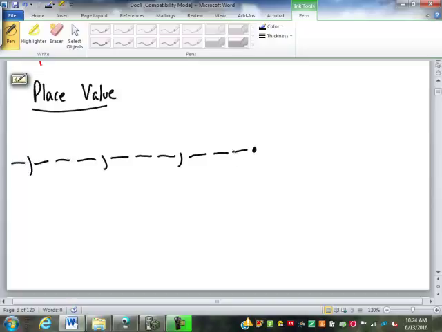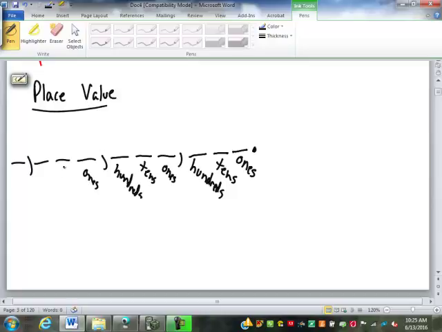This first place value is the ones. Then we have tens and hundreds. Good. Perfect. Those are actually our only 3 place values. They repeat over and over again. Ones, tens, hundreds.